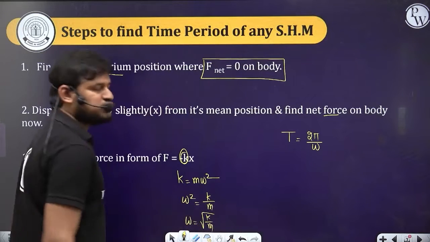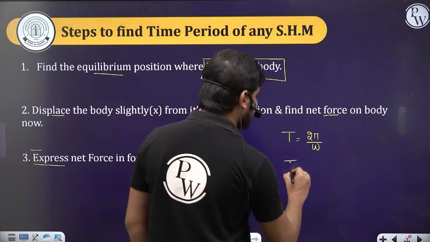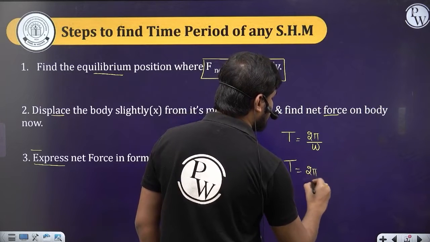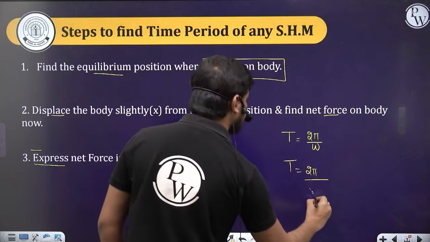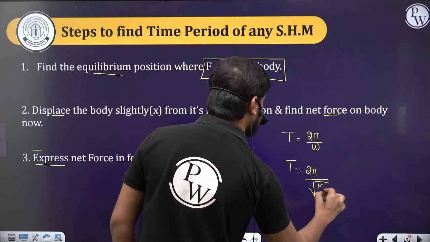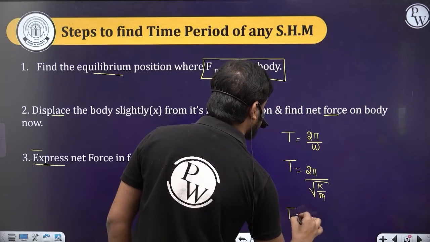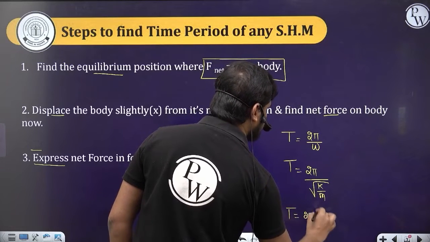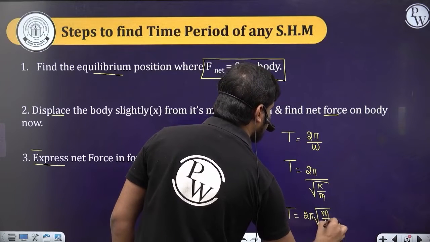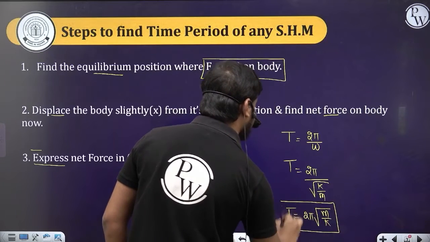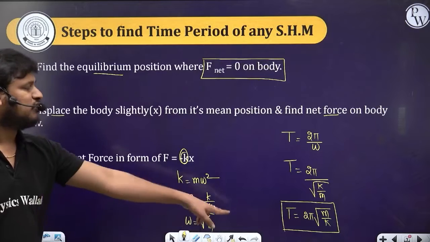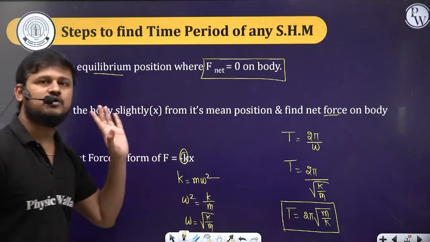So in place of omega, I am writing root over k by m. Then the time period T is equal to 2 pi into root over m by k. This formula you have to remember.